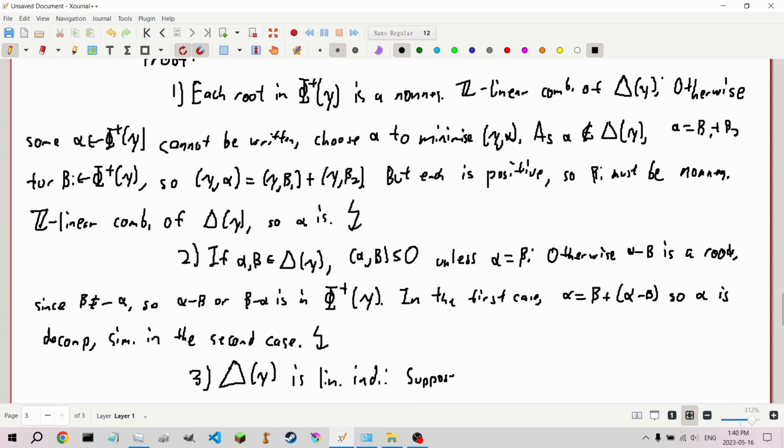Suppose that the sum of r_alpha alpha is 0, for alpha in delta of gamma, with r_alpha being real.